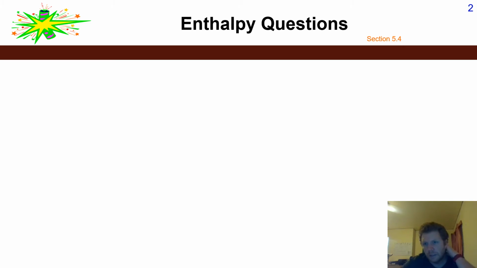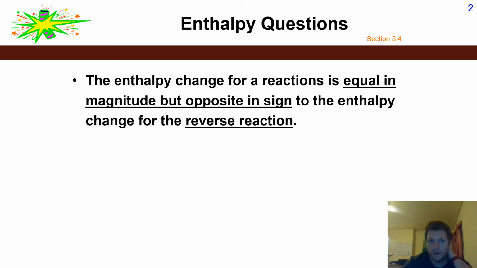Another thing to consider with these sorts of reactions is that the enthalpy change for a reaction is equal in magnitude but opposite in sign to the enthalpy change for the reverse reaction. What we just showed was that if you react CH4 and O2, you're going to produce CO2 plus H2O, and you're going to have a release of heat.